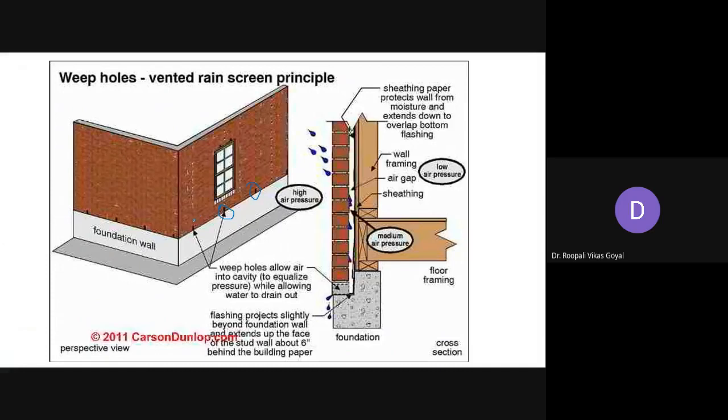They allow air into the cavity and allow water to drain, so they serve both purposes: ventilation, and taking out any moisture coming through the cavity. In this isometric view you can see weep holes provided at certain intervals for ventilation and draining.